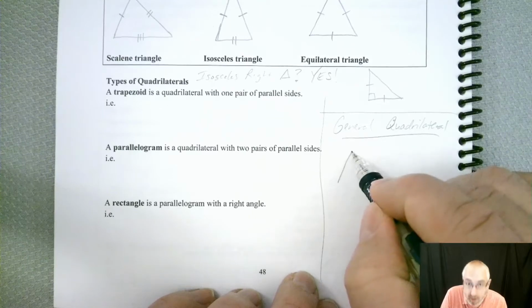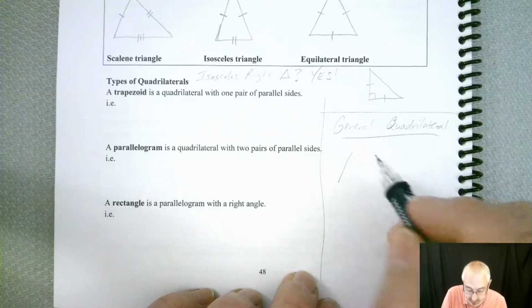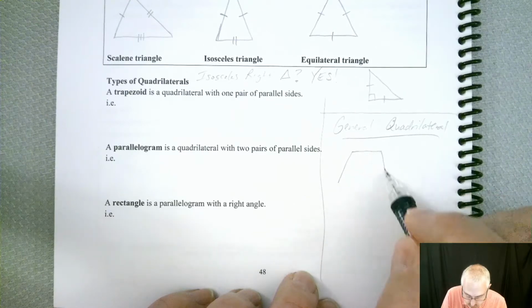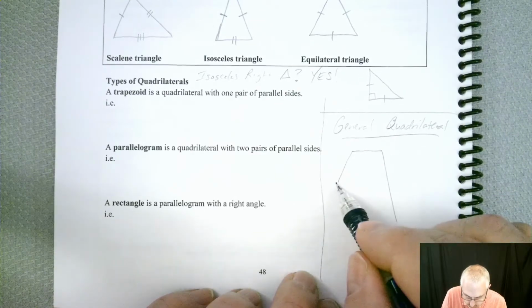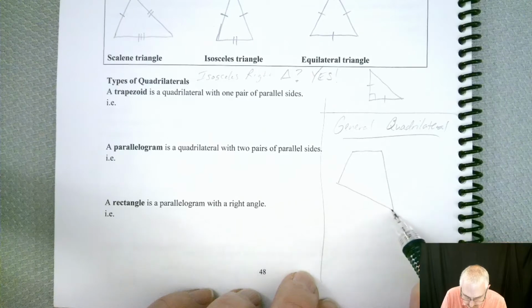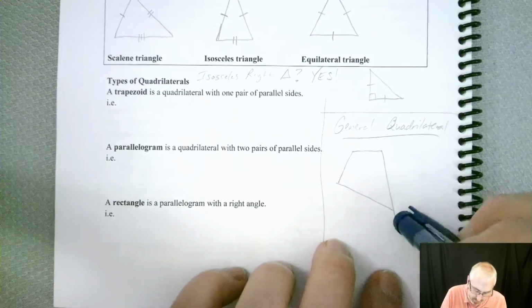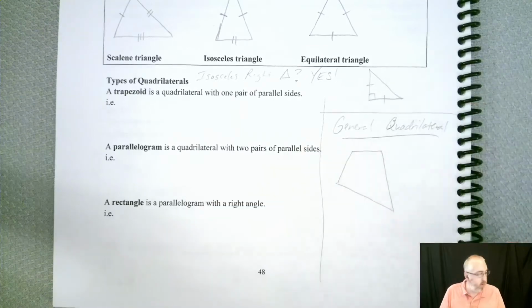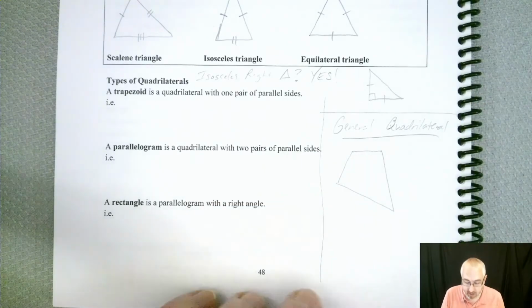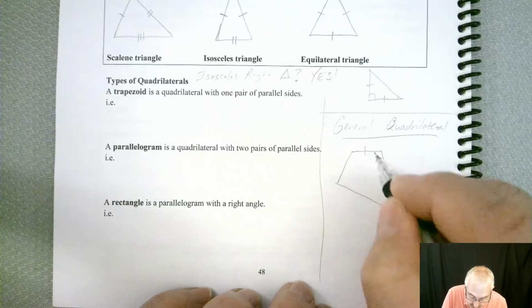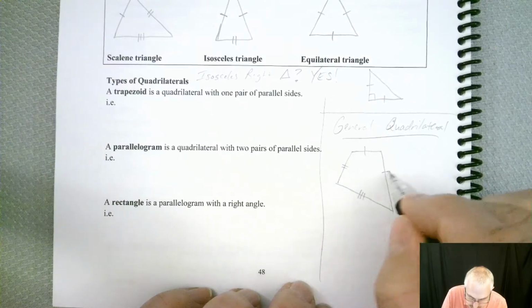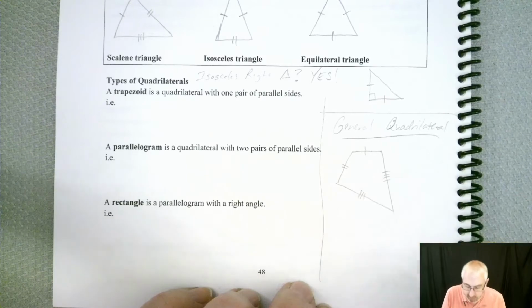Again, we don't want any of the sides to be the same length, so that's important. Now you're probably seeing it looks kind of like a kite. And it does look a little bit like a kite, but technically all the sides are different lengths, and all the angles are different as well.